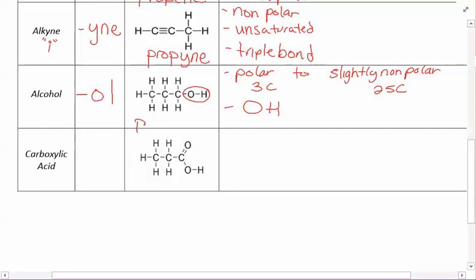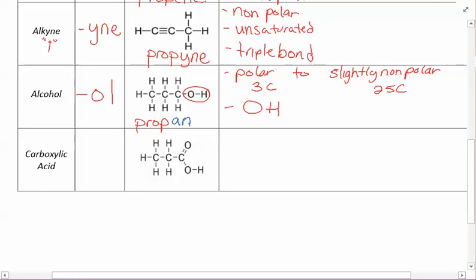So there is a little bit of another part to this. So we have prop, which comes from the 3 carbons. We do have to take a look at the remaining carbons to see if it's all single bonds, if there's a double bond or a triple bond. So there's all single bonds, so it has the AN, which comes from the alkane.